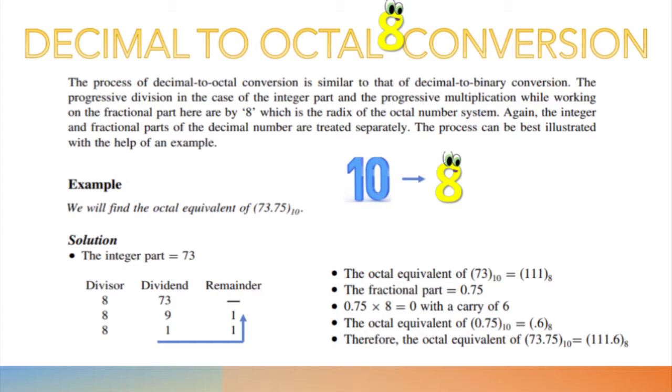By following the rules, we need to multiply 0.75 with 8 because we are converting from decimal to octal number system. By successively multiplying the fractional part and recording the carry until the result of the multiplication is 0, we find that the octal equivalent of 0.75 is 0.6. Combining both results together, 73.75 will be equal to 111.6 to the base 8.